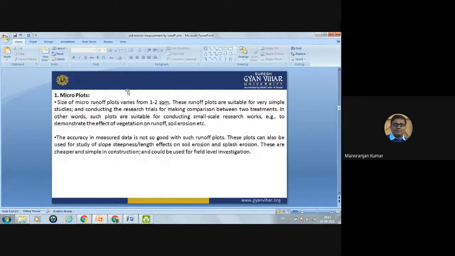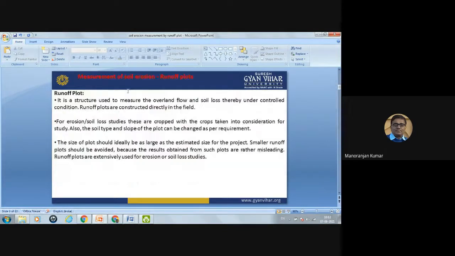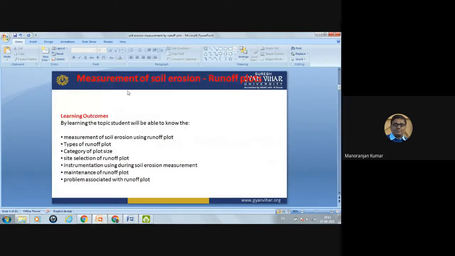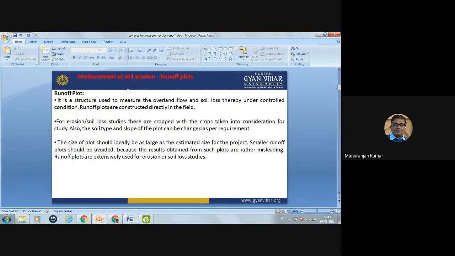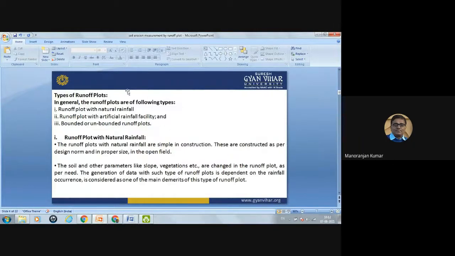Here in this topic we have seen what runoff plots are, which are used in the measurement of soil loss or soil erosion. What are the different types of runoff plot?